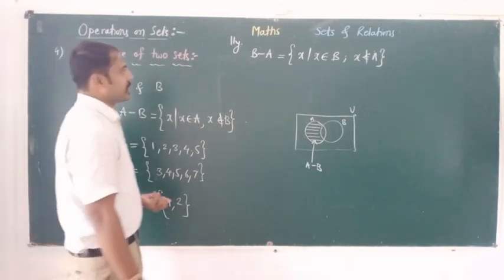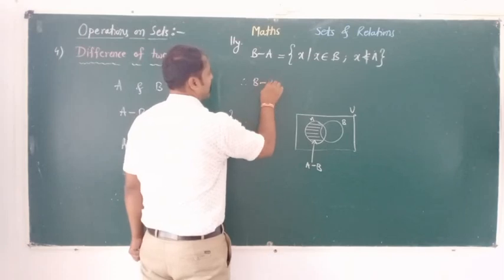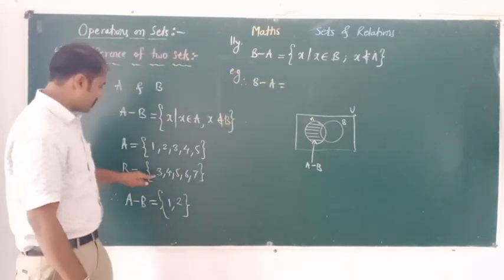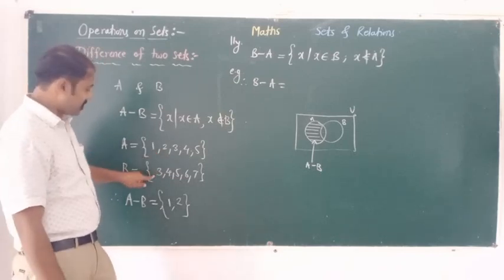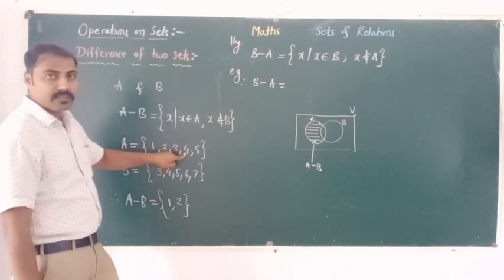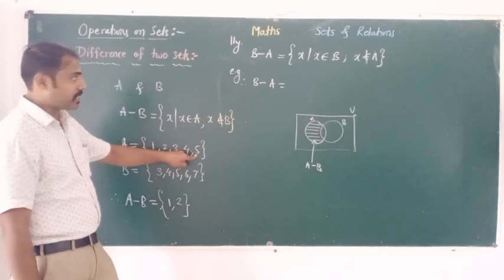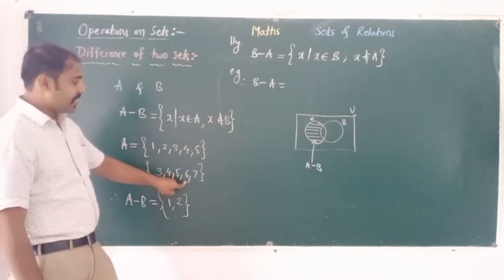So B minus A can be defined as follows. I am writing here B minus A. Is 3 in A? Yes, so don't write. 4 is in A? Yes, don't write. 5 is in A? Yes, don't write. 6 is in A?